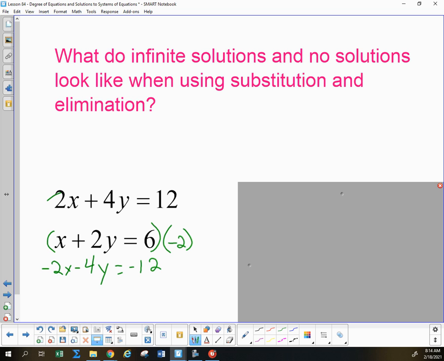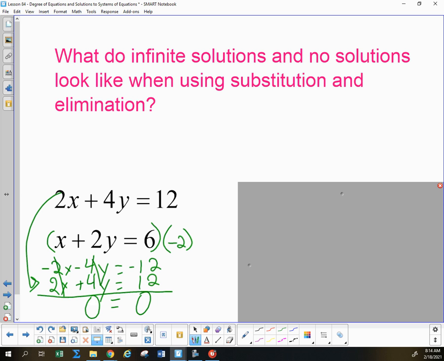And then if I just recopy this one, 2x plus 4y equals positive 12, what do I get, Riley? Both x and y cancel. Yeah. So what does that leave me on the left? Zero, and on the right? Zero. So I get something like 0 equals 0.